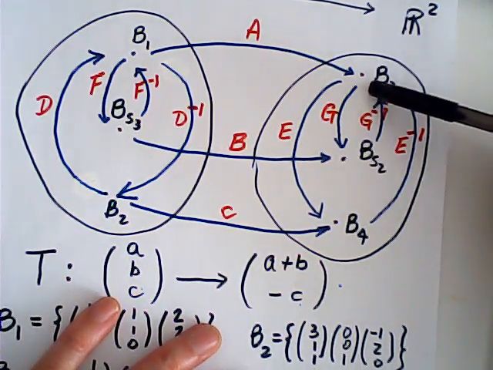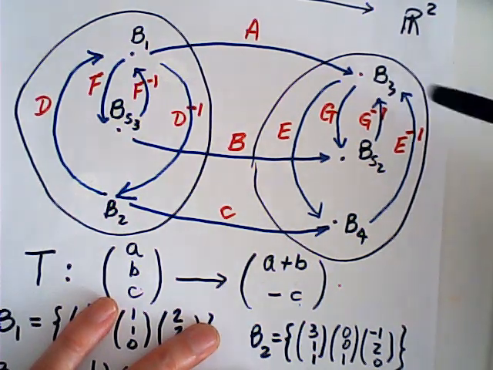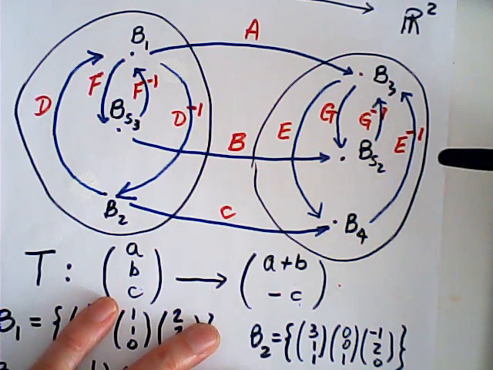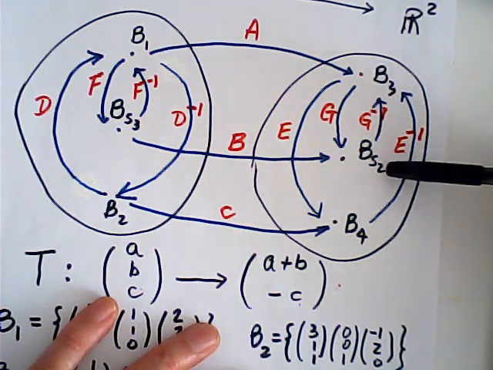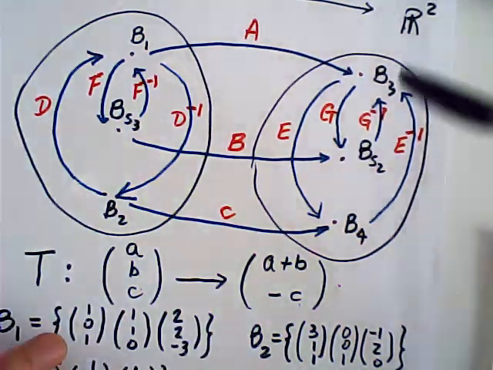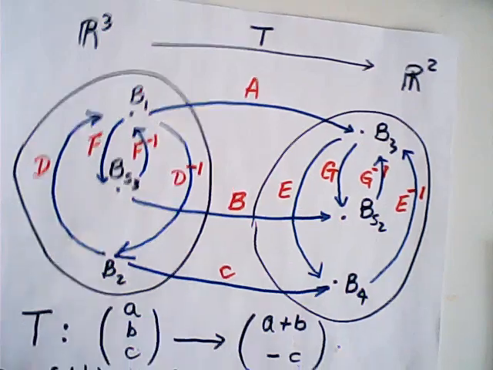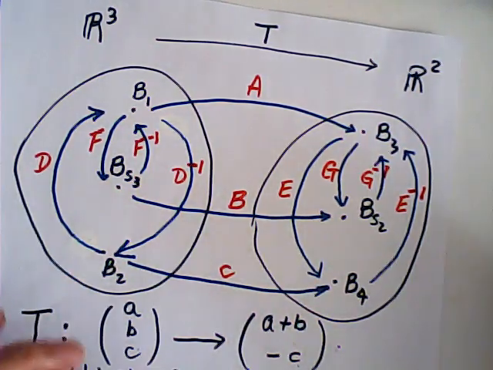And G is the change of basis matrix from B3 to the standard basis, and G inverse is the change of basis from the standard basis to B3. Okay, this is the general picture, and now we just want to find these matrices.